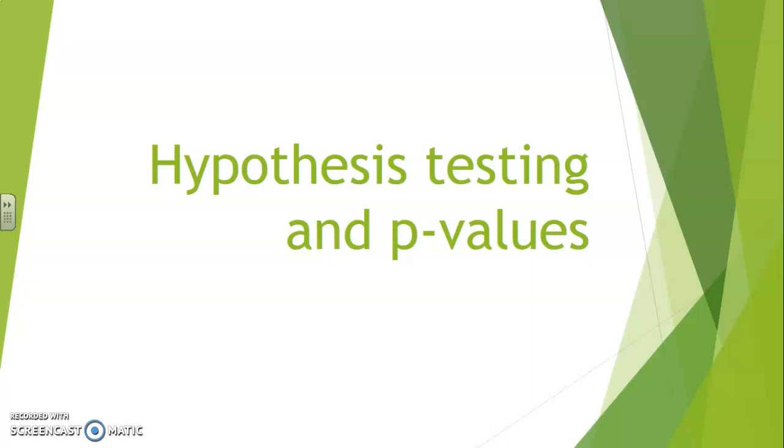Hi once again. We will now complete our introduction to hypothesis testing by looking into a second method to determine if H0 will be rejected, and that is with the use of p-values.